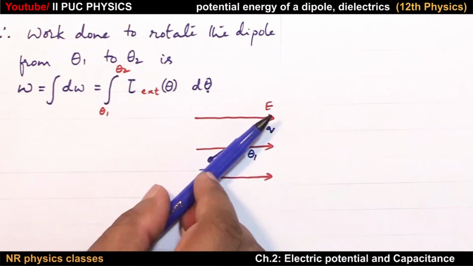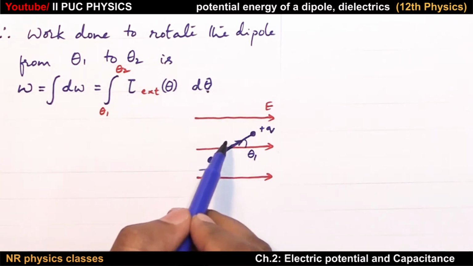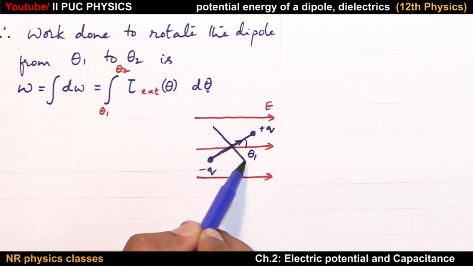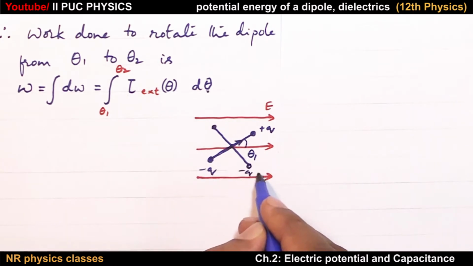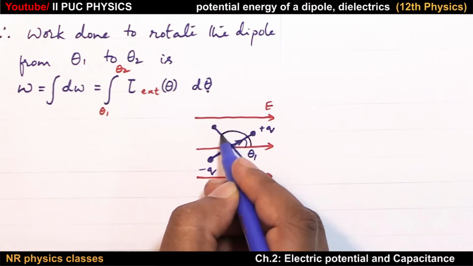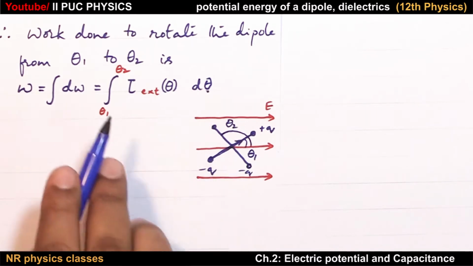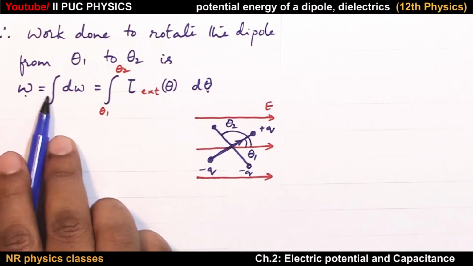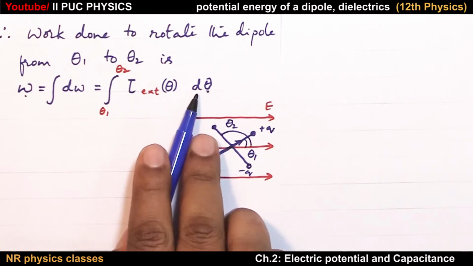Now the dipole is rotated from theta 1 to theta 2. If this is the new position of the dipole, then the angle made by this dipole with respect to the external electric field is theta 2. This is the meaning of total work done equal to integration of torque into d theta.